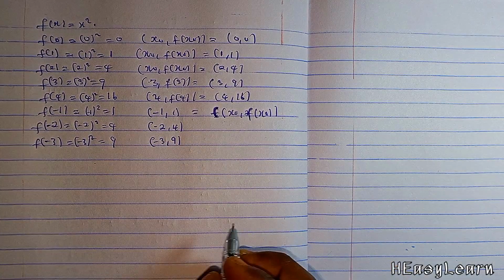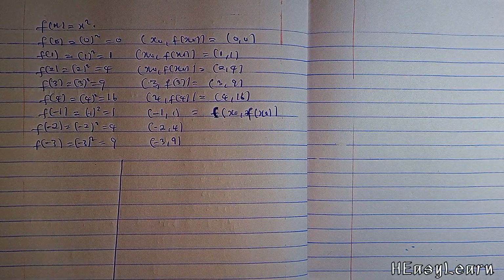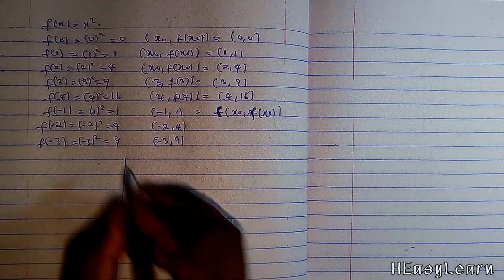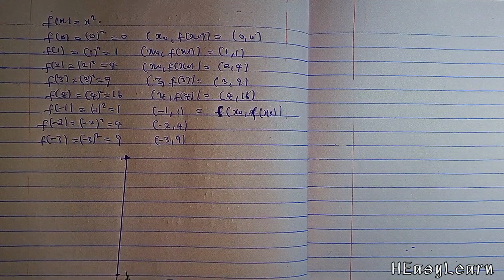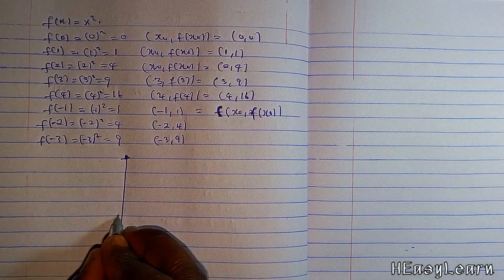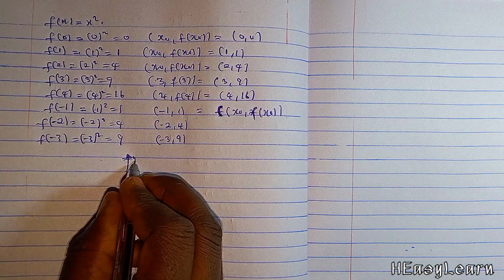So if you want to plot this in a graph, this is the x and y axis. Here is the x axis. Here is the y axis. Here is the positive y axis, 4, 5, 6, 7, 8, 9.